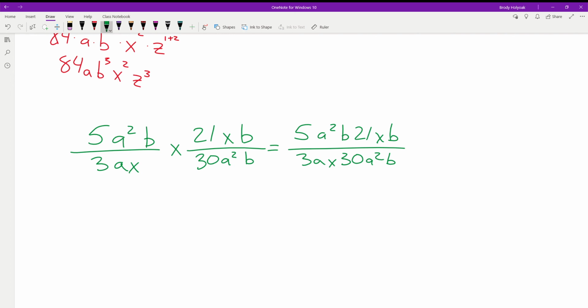Okay? So if we combine everything together, is there anything now that we can completely eliminate? Like terms. So in this case, we have an a squared on top and a squared on bottom. We don't have to multiply the a times a squared and then divide that from in there. We can just remove it right off the bat. We have a b and a b and an x and an x. Anything else we can eliminate? Yeah, you could do the 5 by 30.